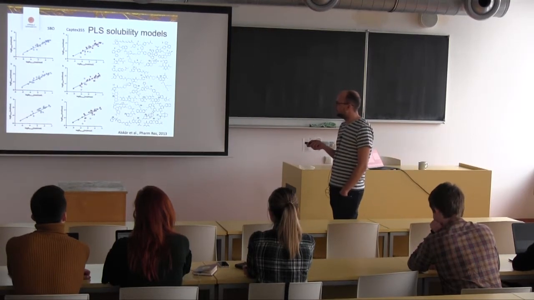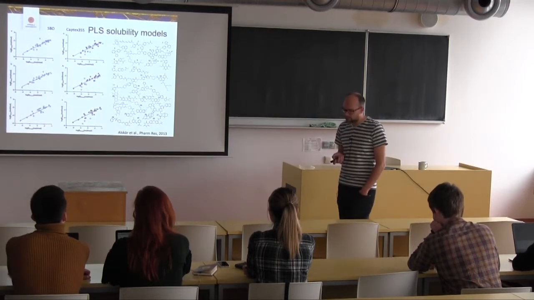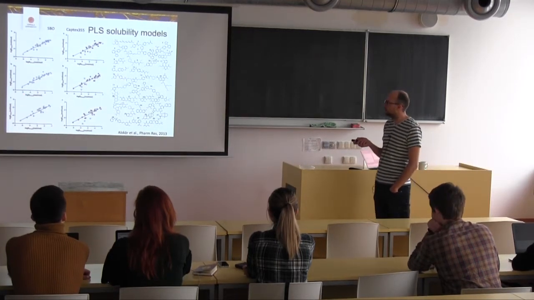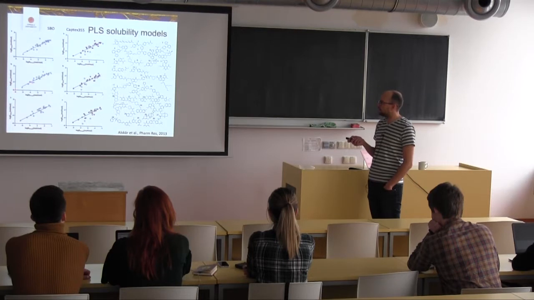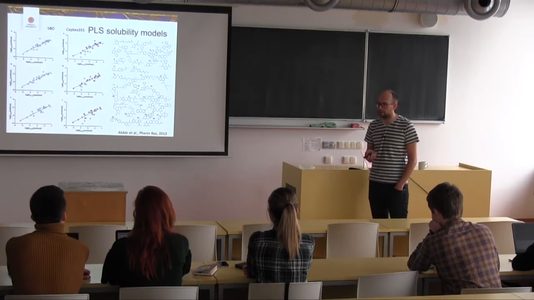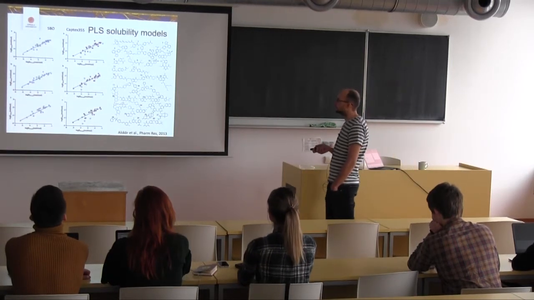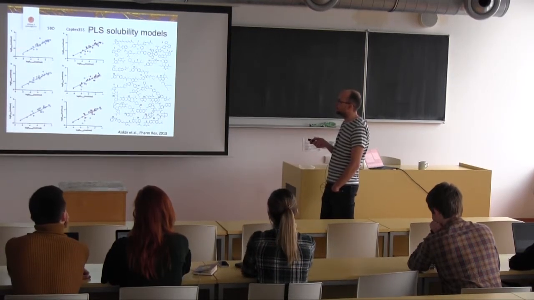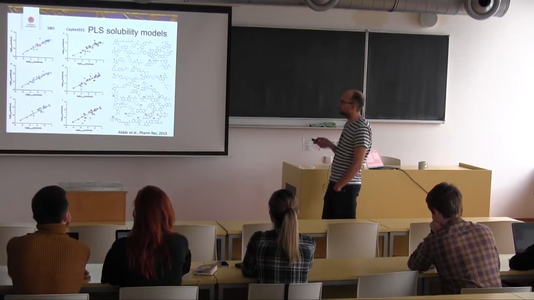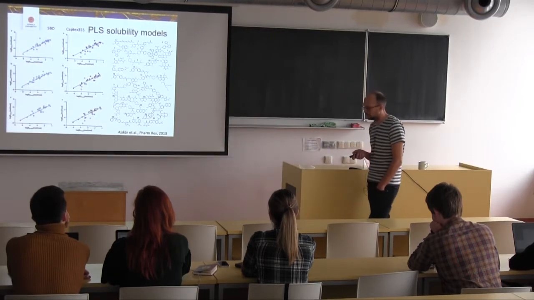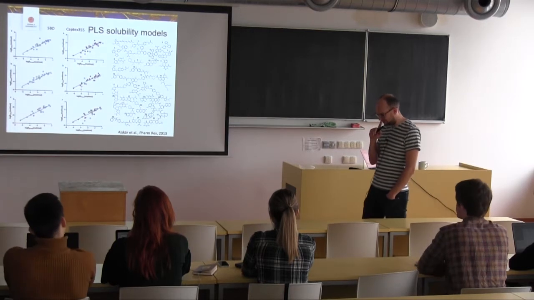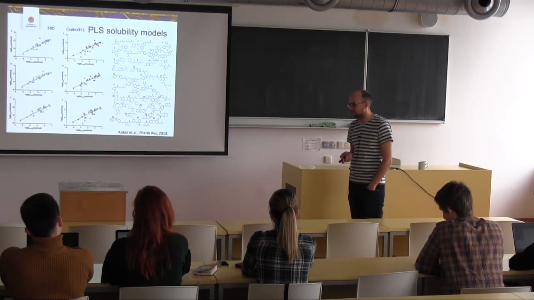And as you can see, from very simple machine learning methods, we were able to quite well predict or explain the solubility in these excipients. I don't have any R squared values, but I think this one is about 0.8 or so, and this is similar.